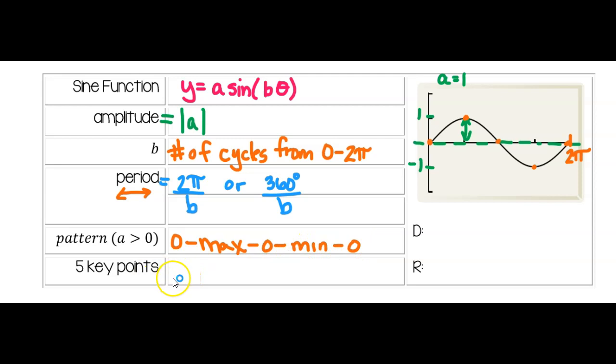When we're making our sketches of sine waves, we get these key points: the 0, the maximum, the 0, the minimum, and back to the 0. We take the period and break it into quarters. So we're going to do the period times 0, a quarter, a half, 3/4, and 1.